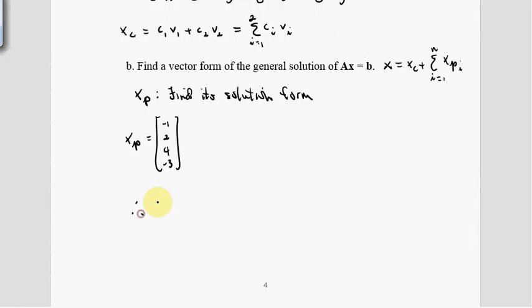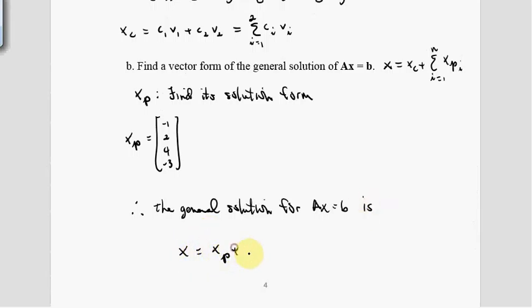So therefore, the general solution for AX equal to B is X is equal to its particular solution plus its complementary solution.